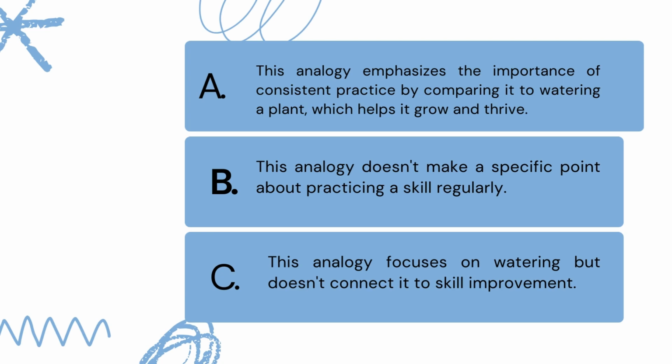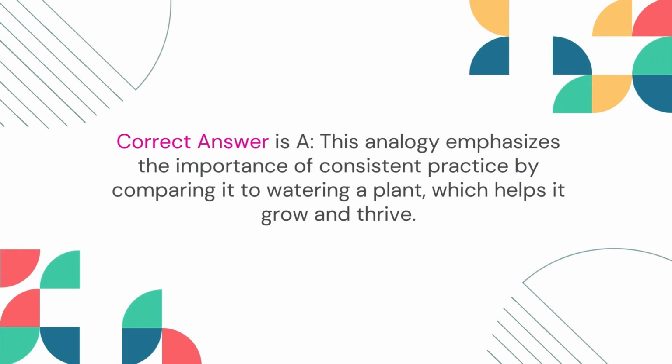Or C. This analogy focuses on watering but doesn't connect it to skill improvement. Okay? The correct answer is letter A. This analogy emphasizes the importance of consistent practice by comparing it to watering a plant, which helps it grow and thrive.